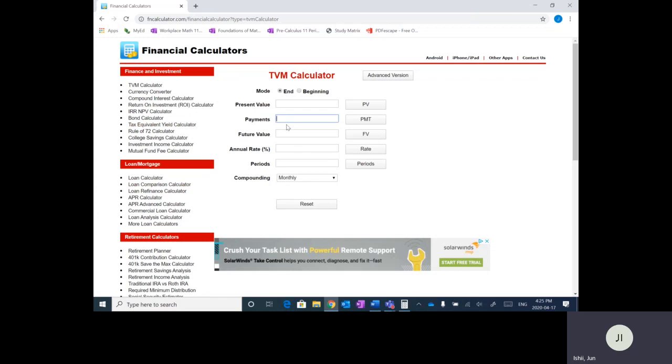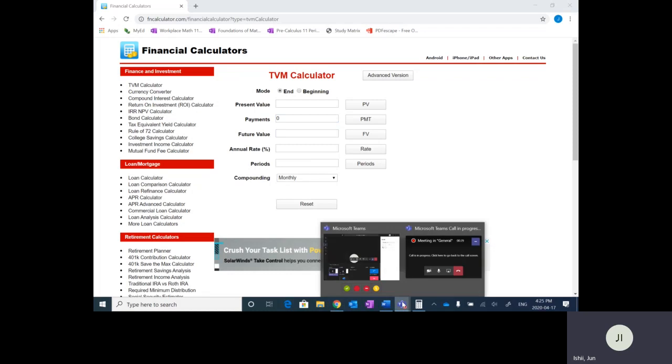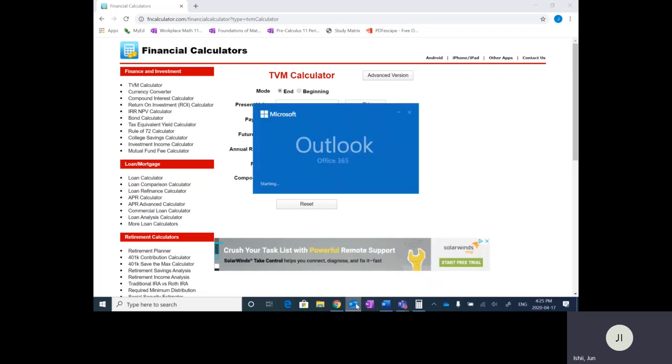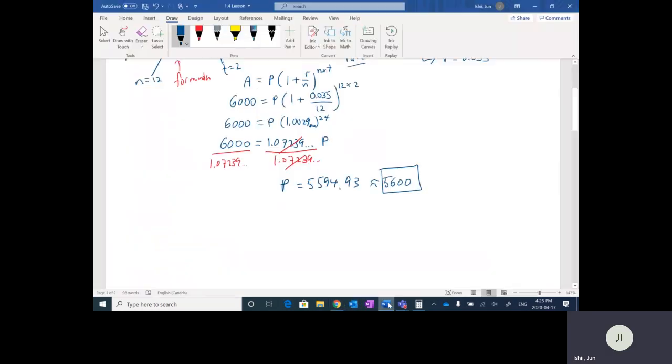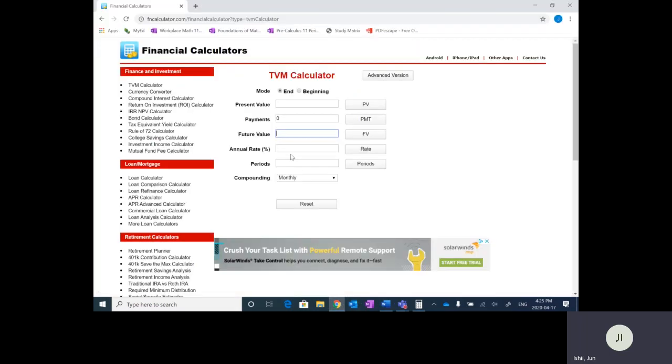Our payments were 0. The future value. Okay, so again, when you're working with this, we want our future value to be negative. So it's 6,000, it's just the way this thing's set up. You've got to punch it in as a negative.